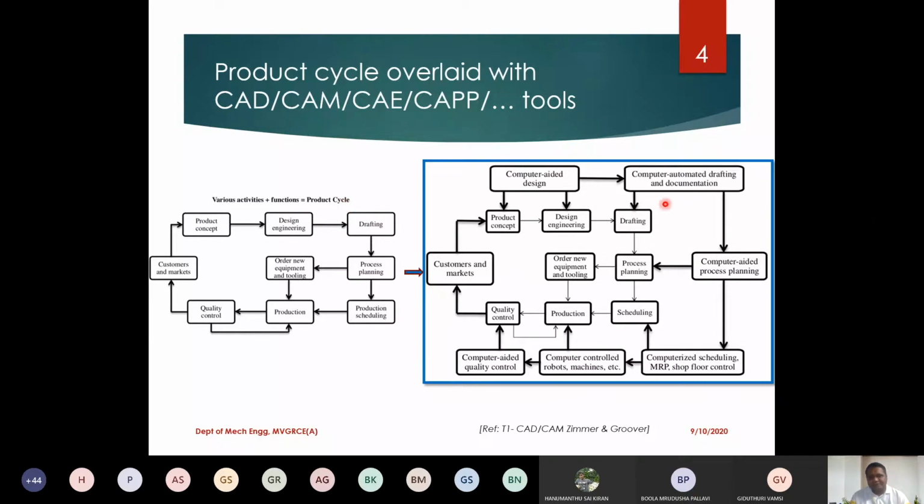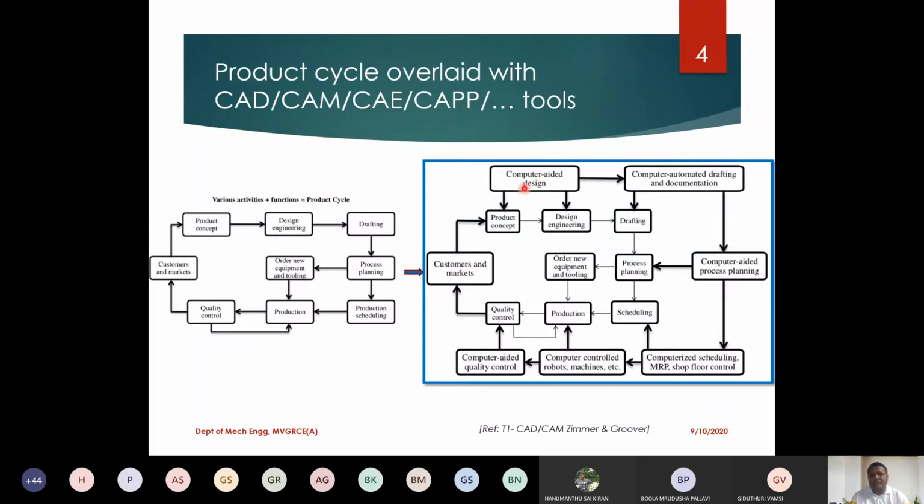Now, if you look at this picture, the first picture tells you about the different functionalities of a typical manufacturing industry, whereas the second picture is nothing but how engineers are using the computer as an aid to complete these different functions of a manufacturing industry.